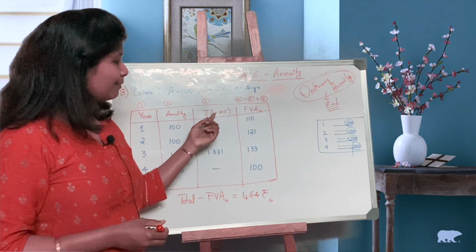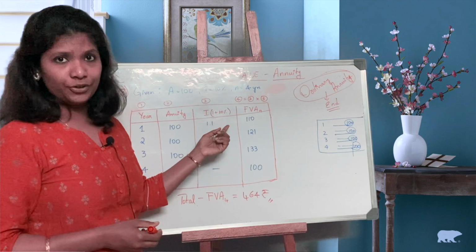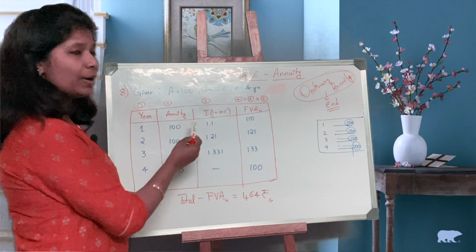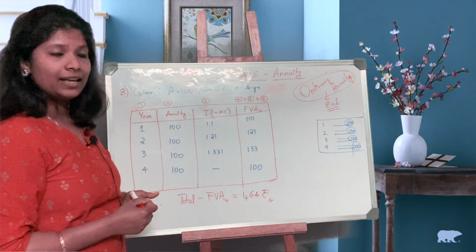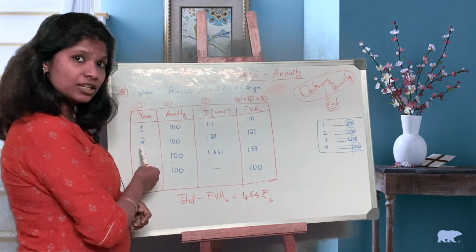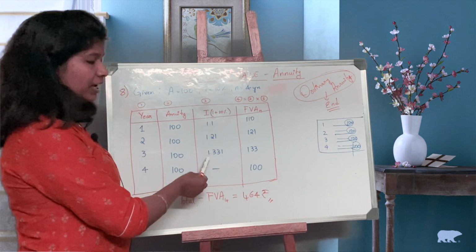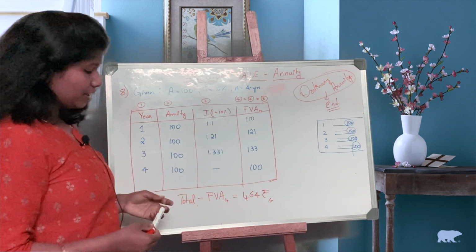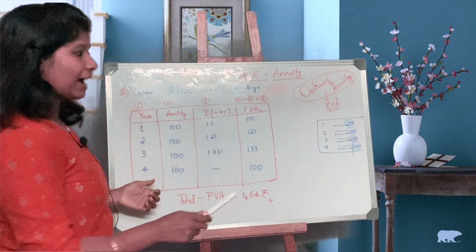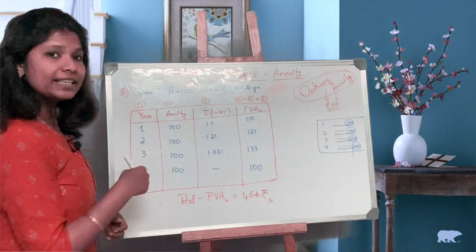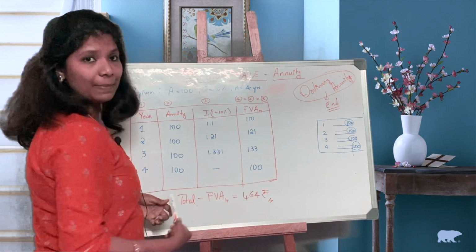So it says 1 plus 10% divided by 100. That means 1 plus 0.1 gives you 1.1 at year 1, and then at year 2, to the power of 2 will give you 1.21, to the power of 3 will give you 1.331. As I told you, in the last year you won't have interest as you're paying at the end. So just as the 100 rupees annuity you will be paying, you'll be receiving back.